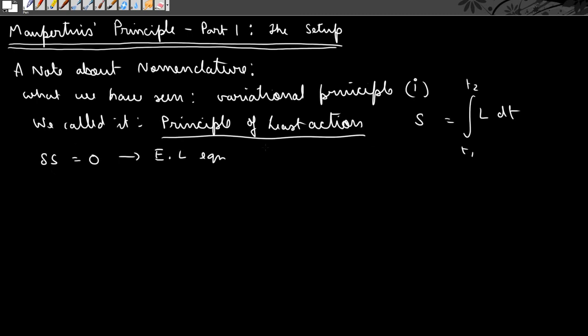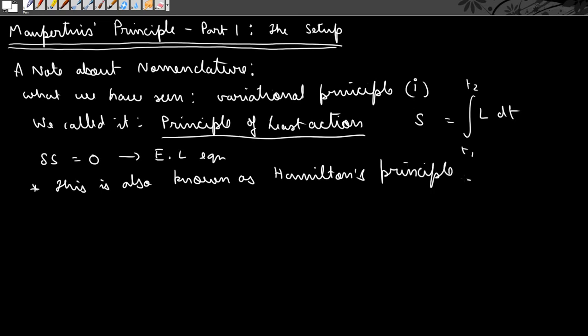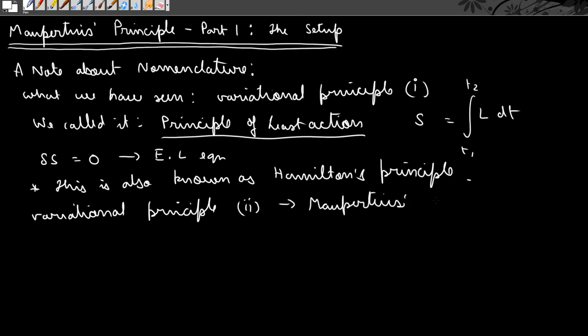But often in literature, this is also known as Hamilton's principle. And the other type of variational principle, which I'm going to call variational principle 2, is what we are going to see in this and upcoming videos of this topic, which is the Maupertuis principle.